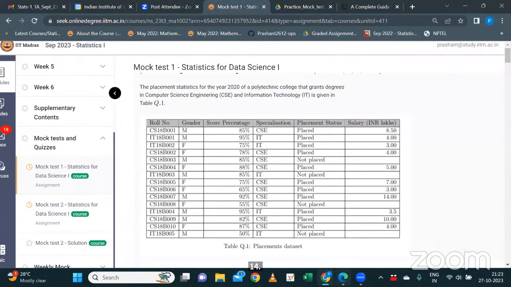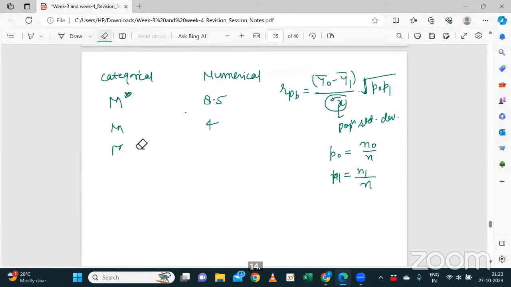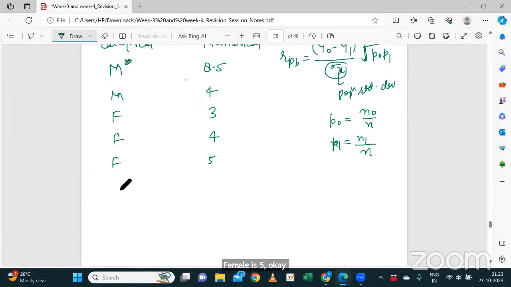Just tell me the things which are in the table. Female is 3, then again female is 4, female is 5, female is 7, again female is 3.